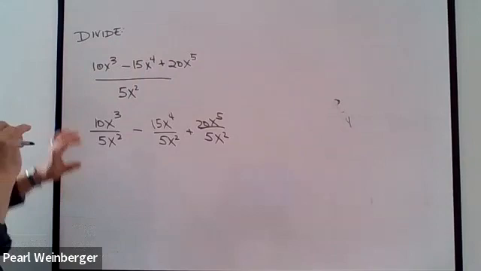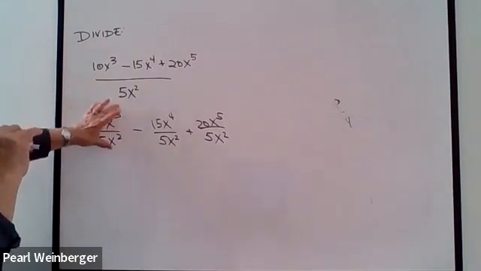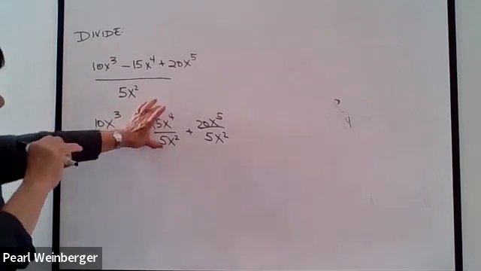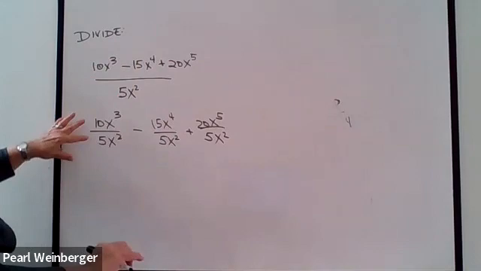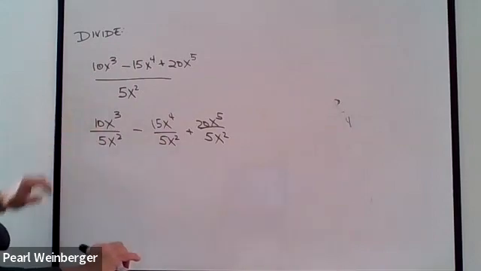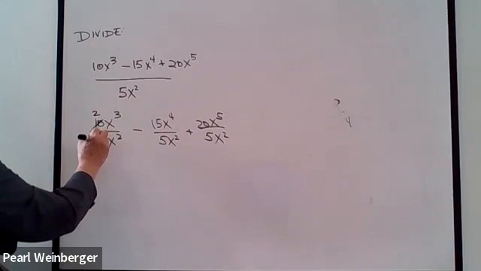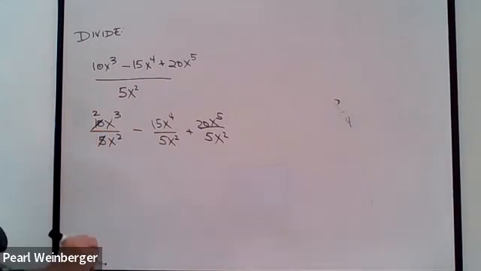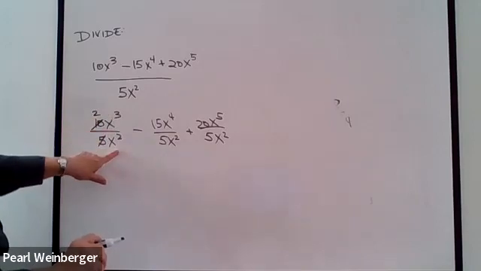We take each term of the numerator of our polynomial and put it individually over the denominator. And what you then do is simplify each fraction individually, which we know how to do because we've done this before. Let's take the first fraction. We have a 10 and a 5, so we can cancel out the 5 and we'll be left with 2 on the top. And the x cubed and the x squared, we can cancel out.